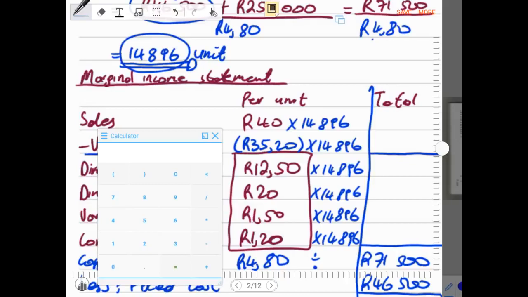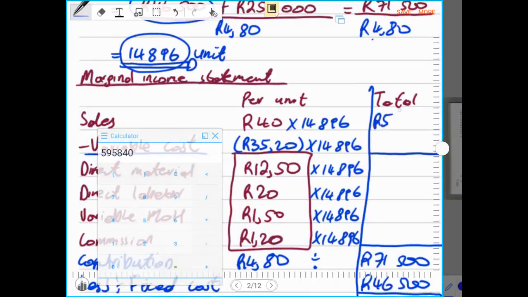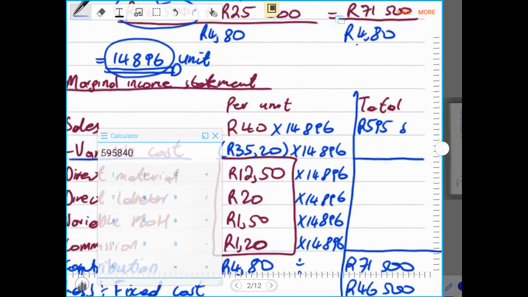14,896. Let me take all the decimals first. We have 40 rand times 14,896. This gives us a total of 595,840.